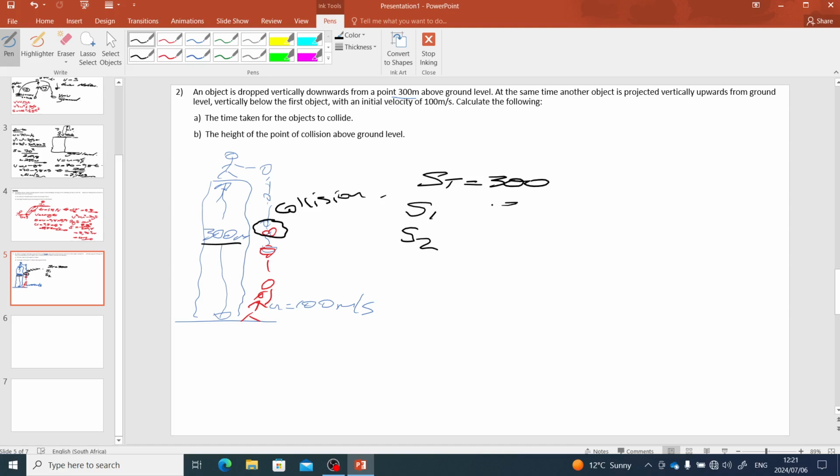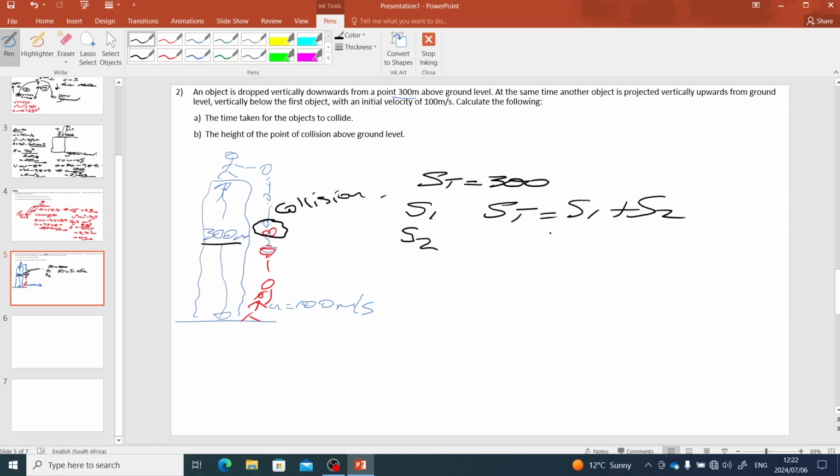That means we have ST equals S1 plus S2. Now we are looking for the collision in between.